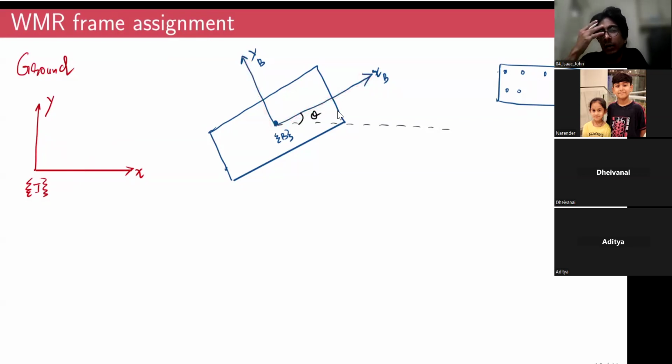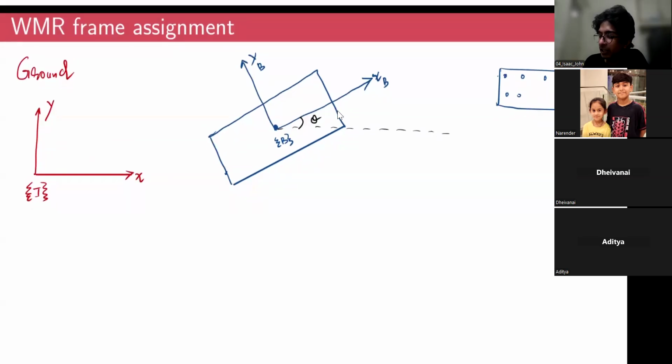Okay, but how is this relevant? Why is fixing a body frame of reference useful for us? Why should we bother? The reason is that we give control inputs to the mobile robot, right? For example, if it has two wheels like this, you are giving the control input to the mobile robot.